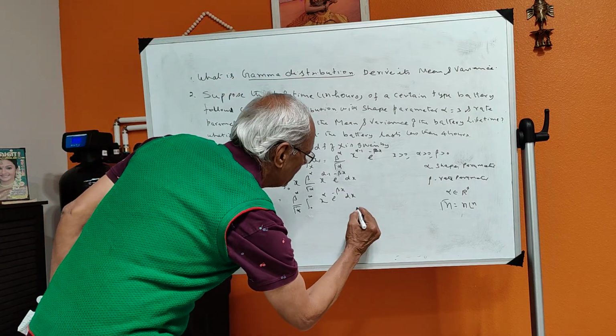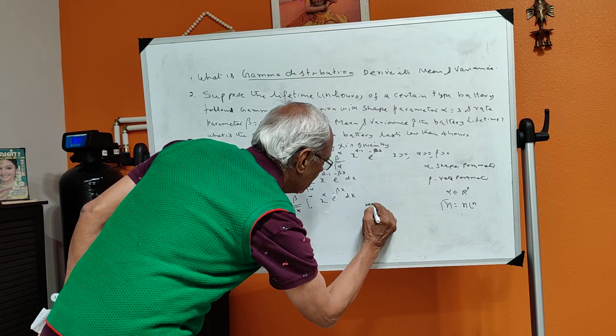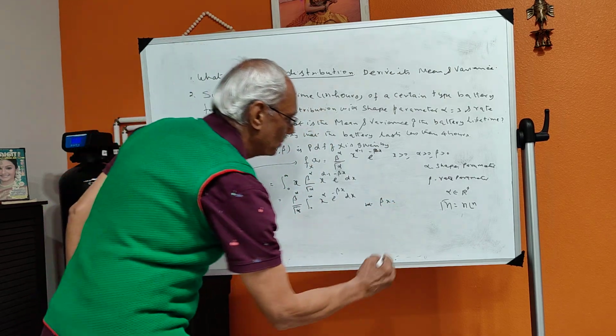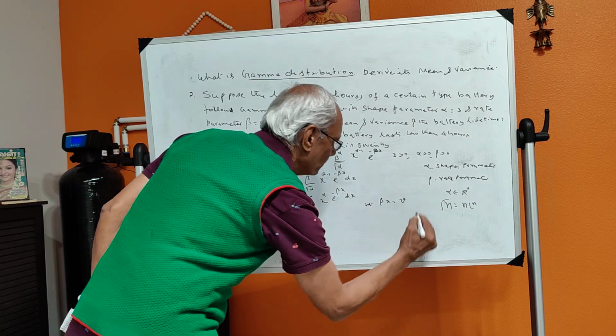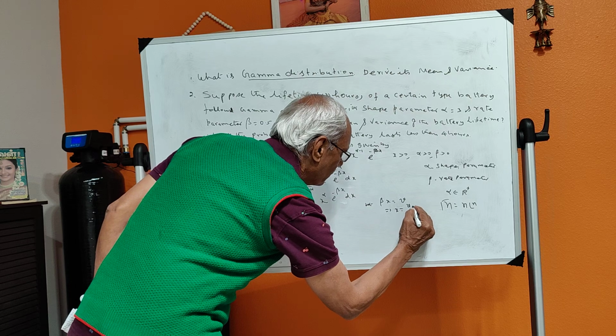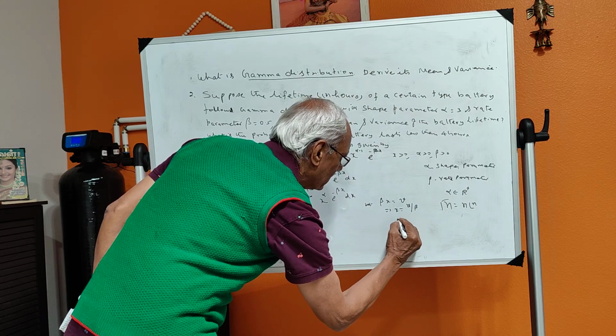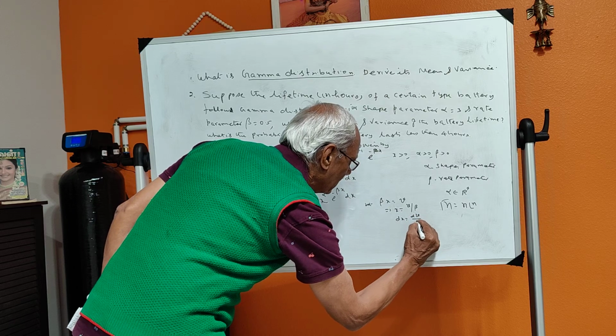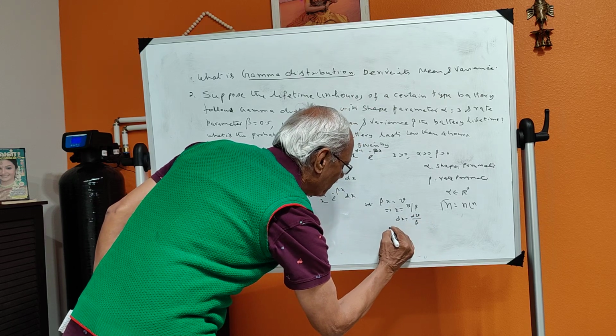Now let beta x be equal to v. This implies x is equal to v by beta. Therefore, dx is equal to dv by beta.